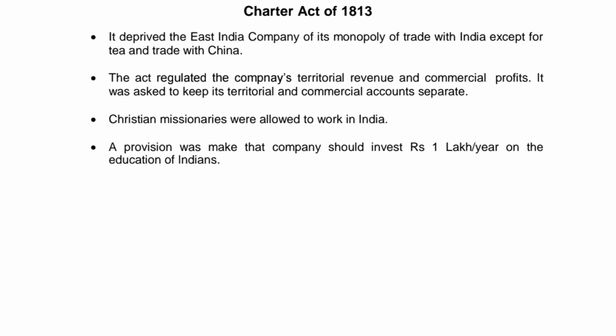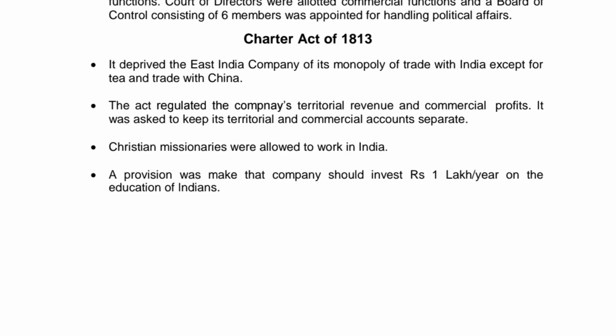It was asked to keep its territorial and commercial accounts separate. Christian missionaries were allowed to work in India. A provision was made that the company should invest rupees 1 lakh per year on the education of India. So that was the Charter Act.